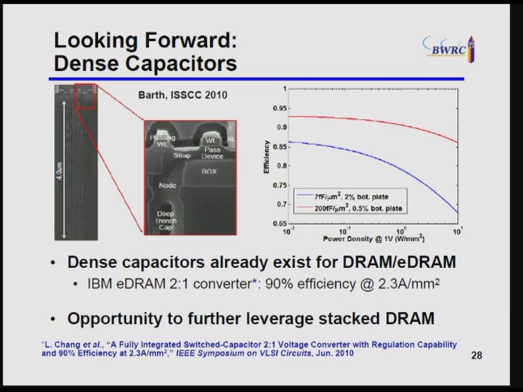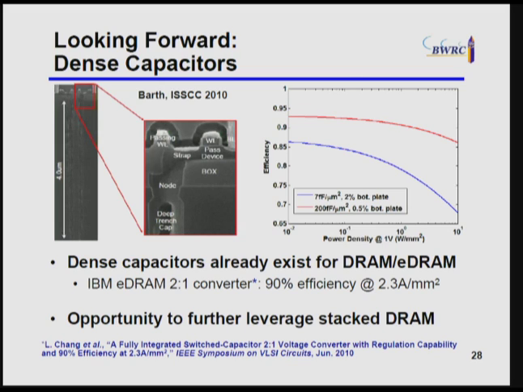The other sort of interesting opportunity is that, of course, if somebody does come around and give you a more dense capacitor, for example, some of the deep trenches that Steve had been mentioning earlier, then indeed that would immediately increase either the efficiency or the power density that you can achieve. So just to give you an example, if you take some rough numbers from sort of the deep trenches that IBM indeed has developed, you can get very substantial improvements in both the efficiency and the achievable power density.